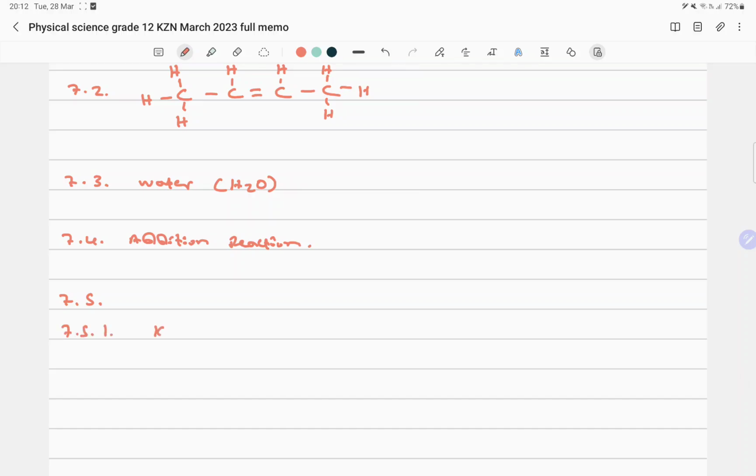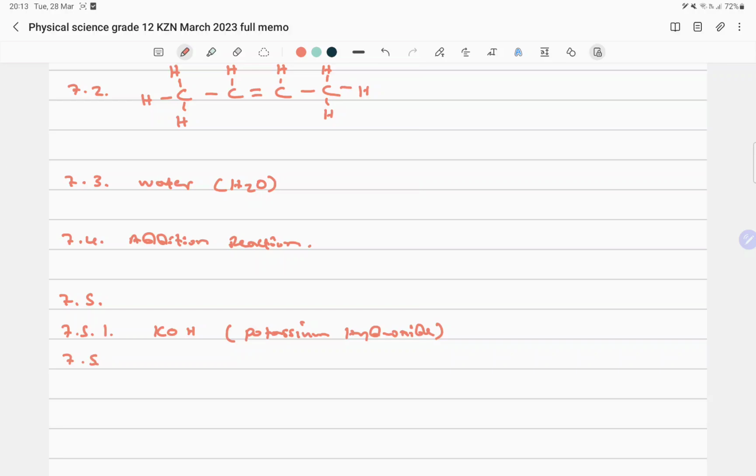So 7.5.1. If they say a formula, just say potassium hydroxide, KOH, or you can write the word potassium hydroxide. Okay, but you don't write both. You either write the name or you write the formula, not both. If you write both, you get 0 on it.